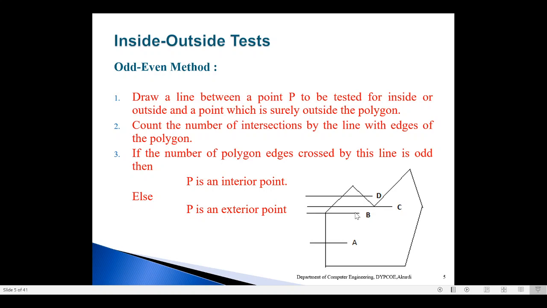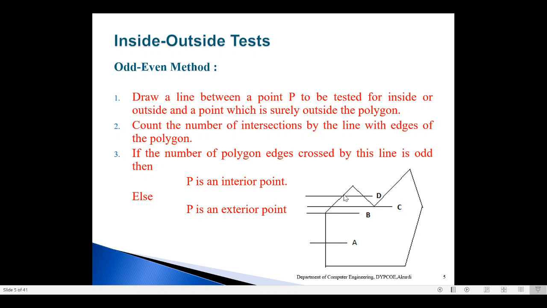If the scan line is passing through the vertex, then we have to consider the polygon edges which are meeting at that vertex. So here you can see that for this point B, these two polygon edges are meeting at this intersection point. So if this is the case, we have to check the direction of these polygon edges.